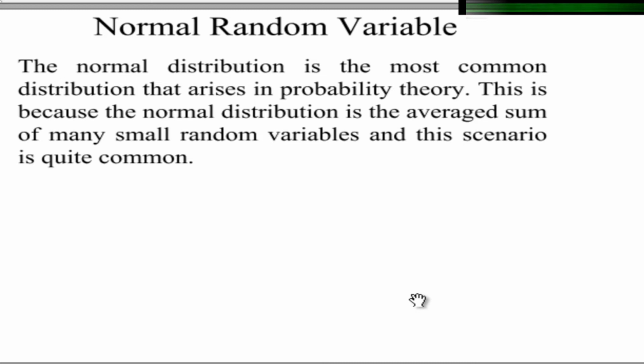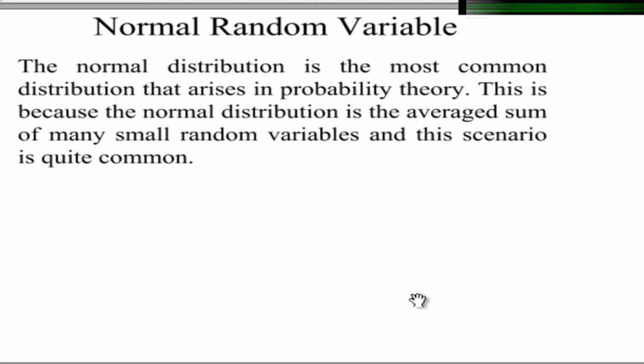So that's why this random variable is very important. In continuous time, it is a normal random variable, but in discrete time the same shape is followed by a binomial random variable. Okay, so these are basically equivalent, but in discrete time it is called binomial random variable.